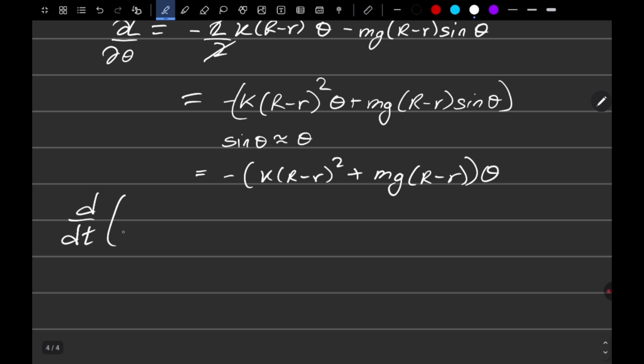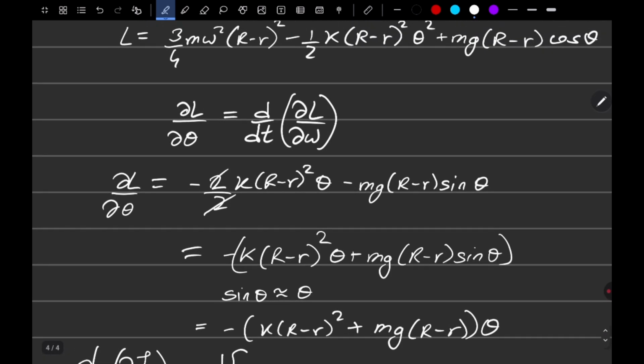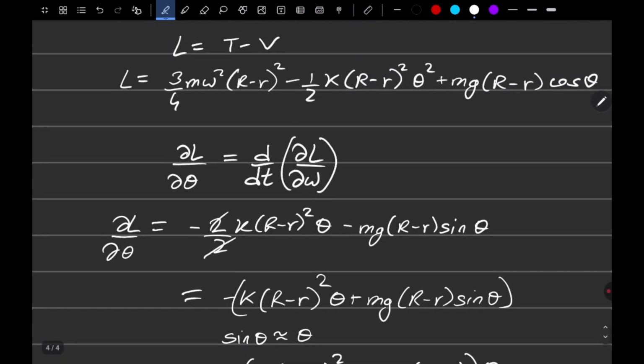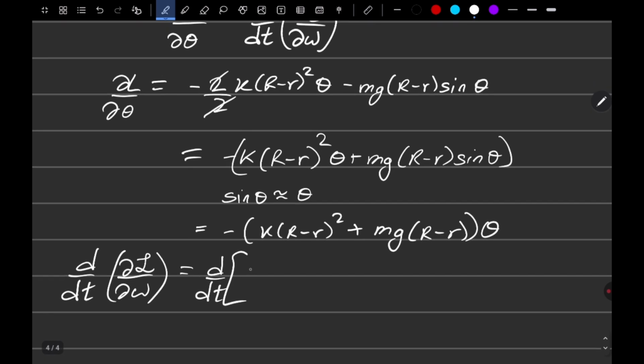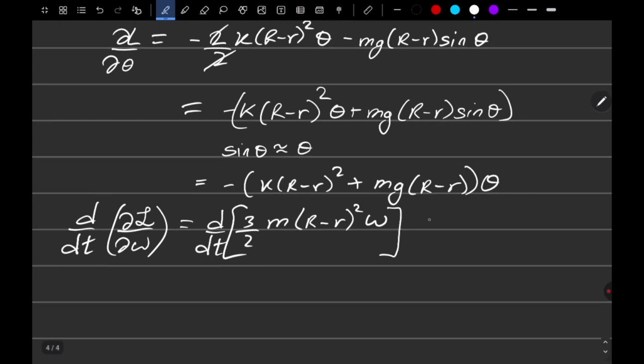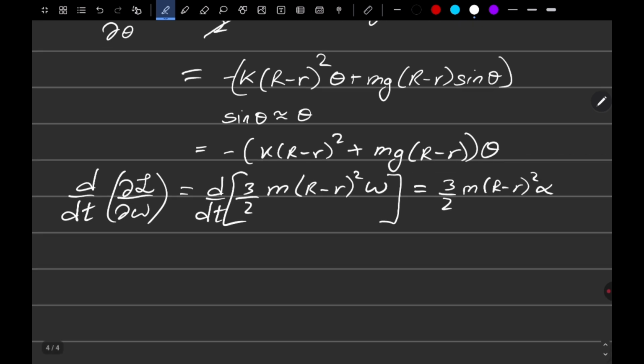Now let's calculate d by dt of del L by del omega. Del L by del omega is going to be 3 by 2 m (R minus r) squared omega. So d omega by dt is equal to alpha, times the rest. I just have to equate them both together.